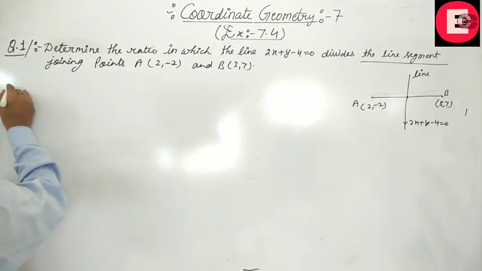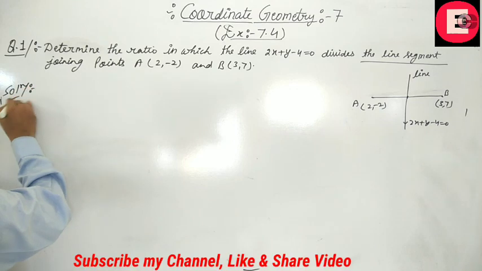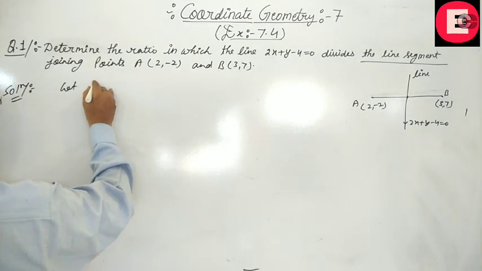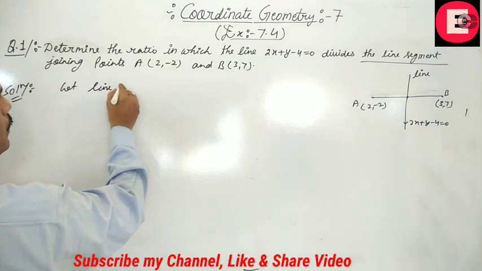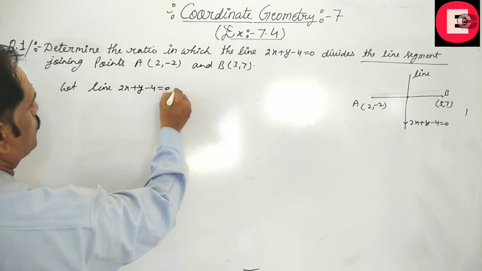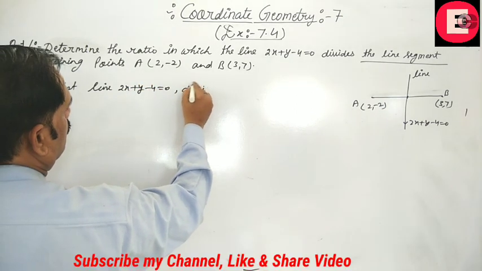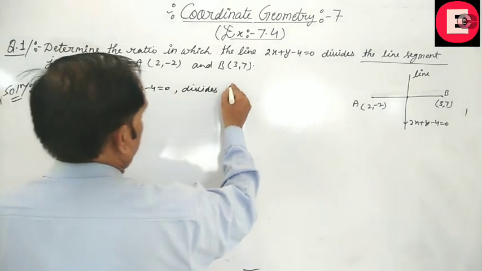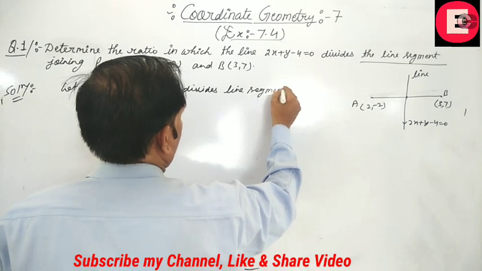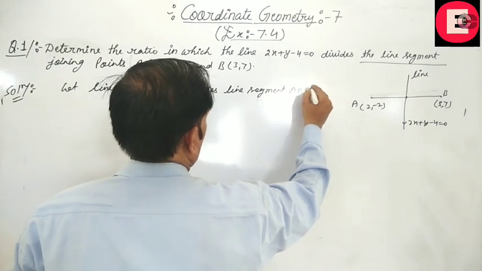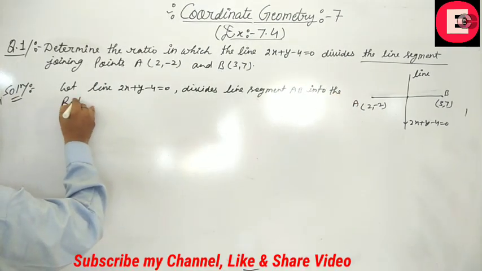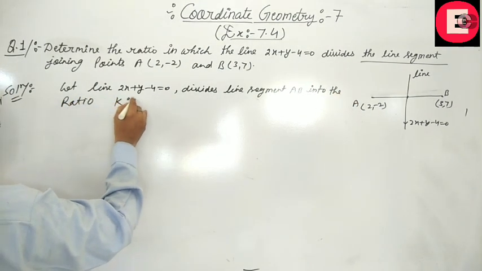Now, the solution of the question is: let the line 2x + y - 4 = 0 divide the line segment AB in the ratio k:1.